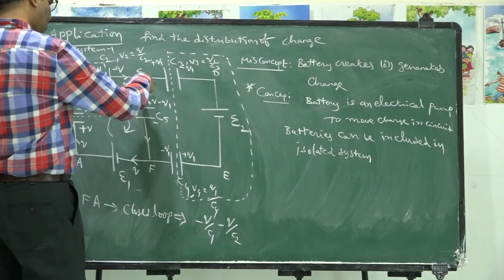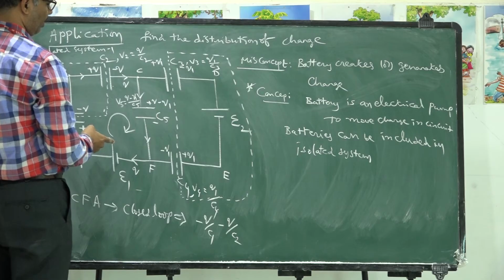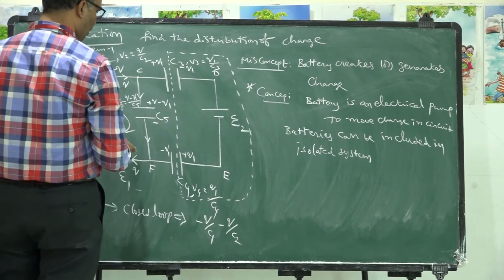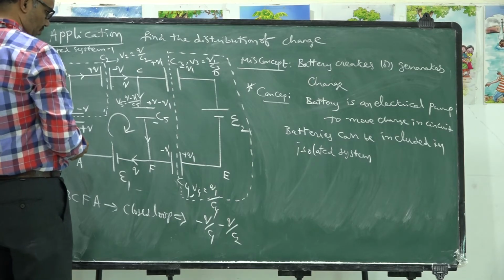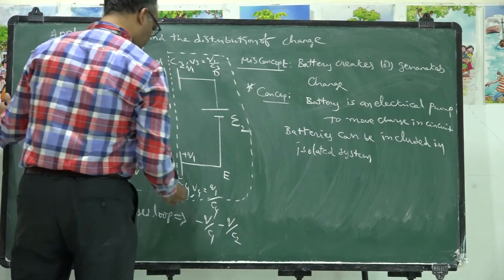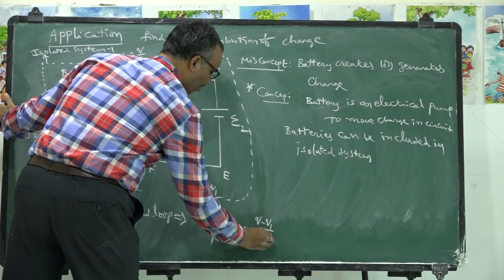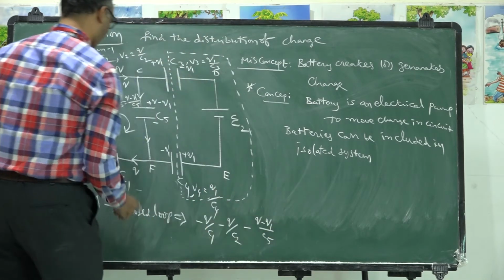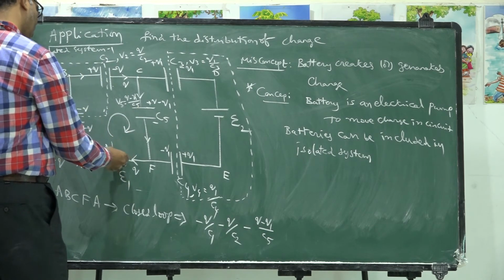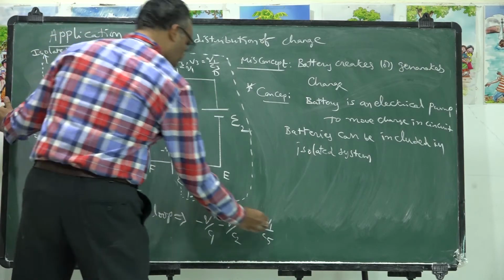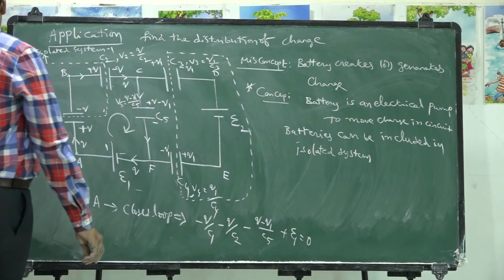Now I am going from C to F, moving from positive plate to negative plate, so again a drop of potential: minus of Q minus Q1 by C5. Now I am moving from negative terminal to positive terminal, so there is a rise of potential. So I should take positive here: E1. The sum is equal to 0.